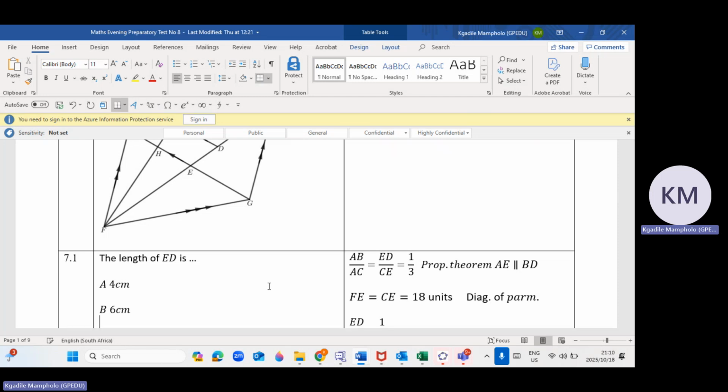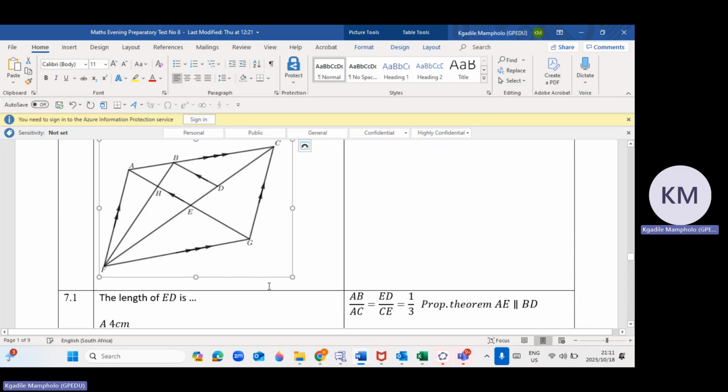ED is to CE, which is 1/3, but FE is equal to CE. Remember, the diagonals of a parallelogram bisect each other. FE is equal to EC. We are given that AB is to AC is 1:3.